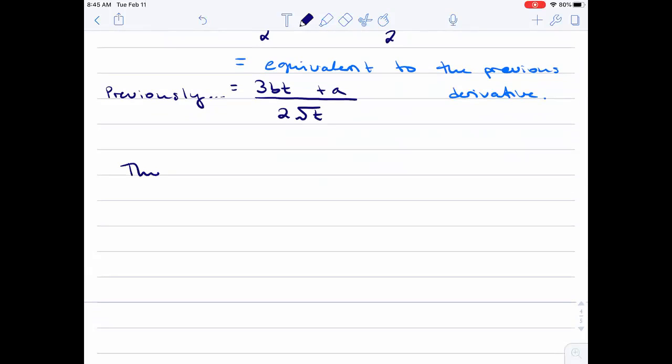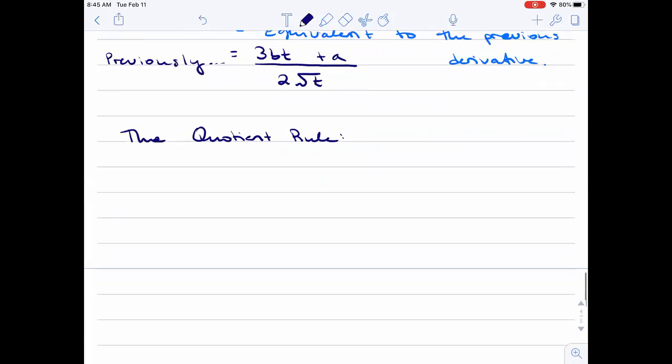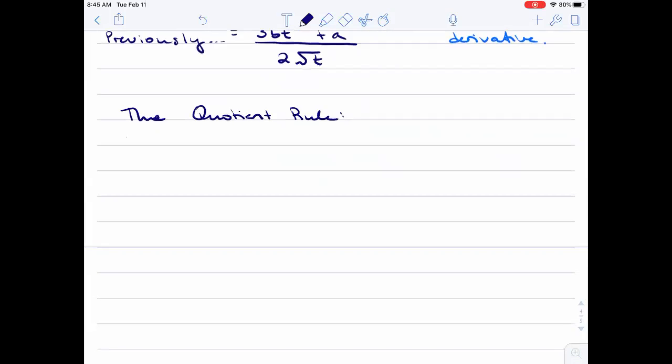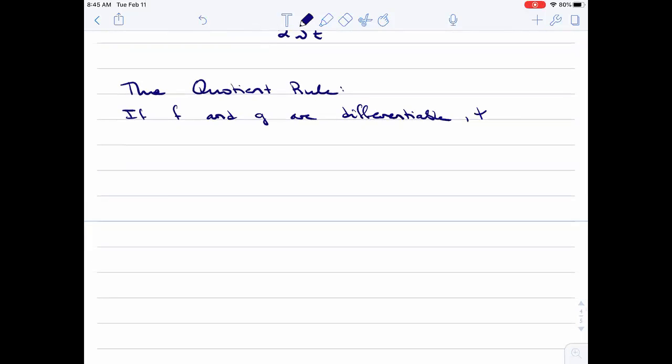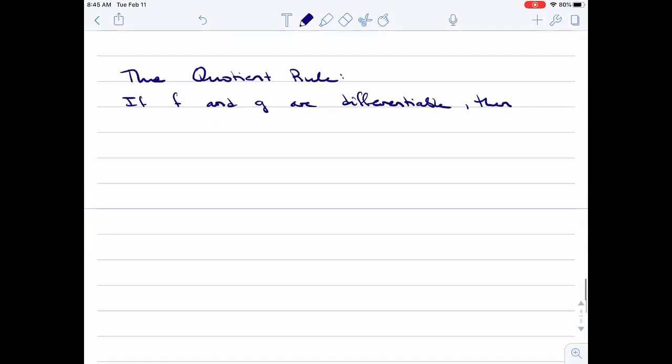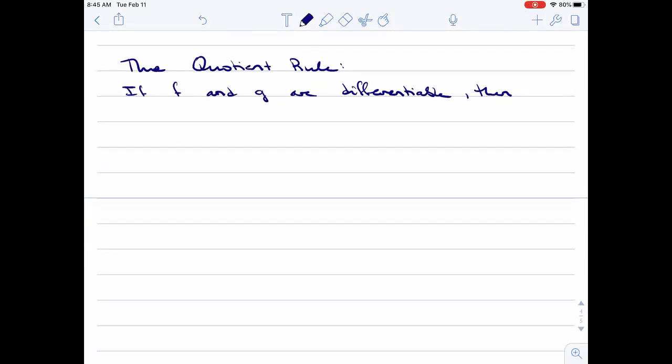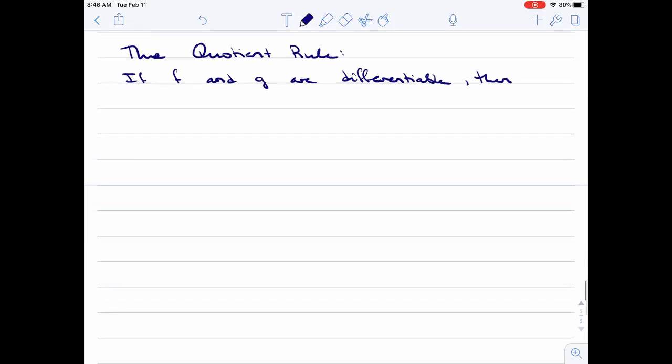So the quotient rule: of course, if f and g are differentiable, we have to say that, then, and you have it on your sheet, but I'll do the Leibniz notation with the differential operators first.